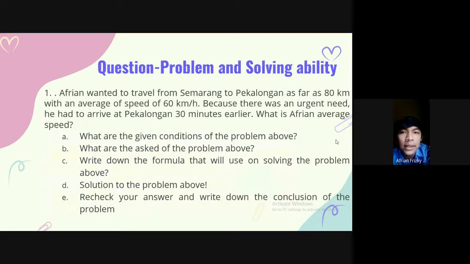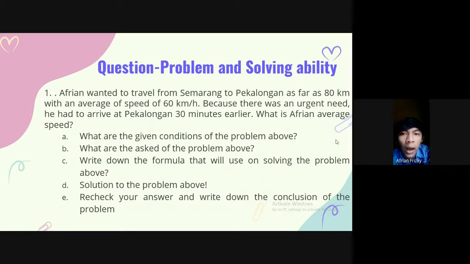The next is the question about problem solving ability. You can see here the question is Afrian wants to travel from Semarang to Pekalongan as far as 80 kilometers with an average speed of 60 km per hour. Because there was an urgent need, he had to arrive at Pekalongan 30 minutes earlier.